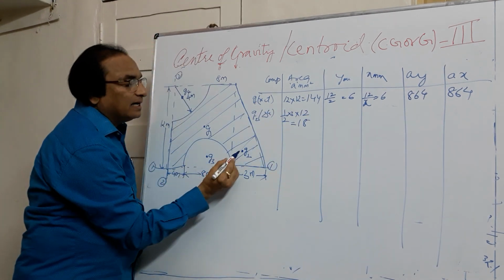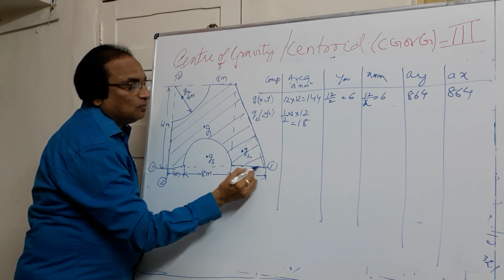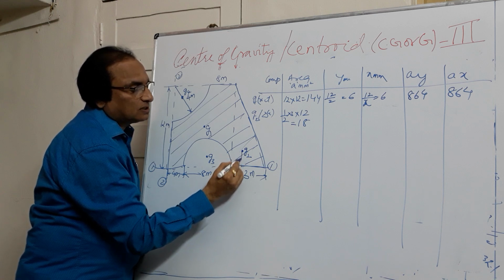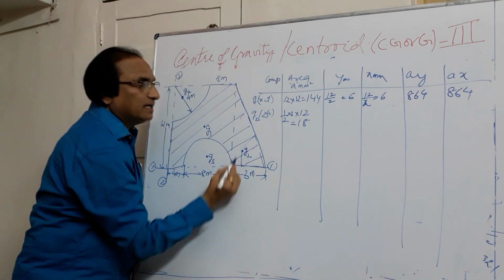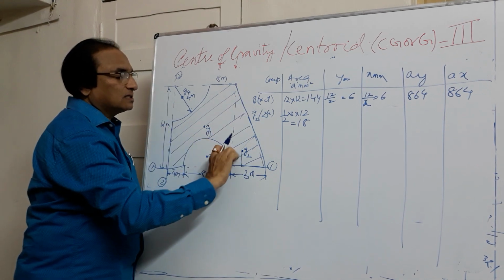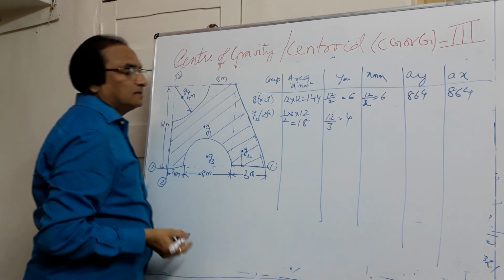Now here, this is the centroid of the triangle. I need the distance of the centroid from 1-1. 1-1 and the base are coinciding. So the distance of the centroid from the base is 1/3 of the height. And how much is the height here? 12. So this distance will be 12 by 3 is equal to 4 meters.